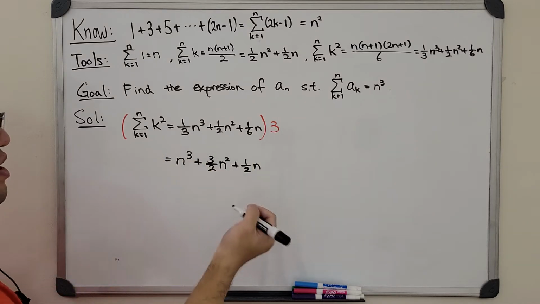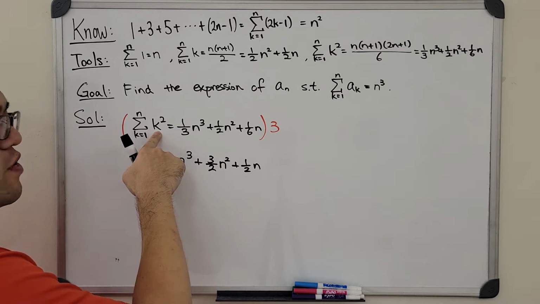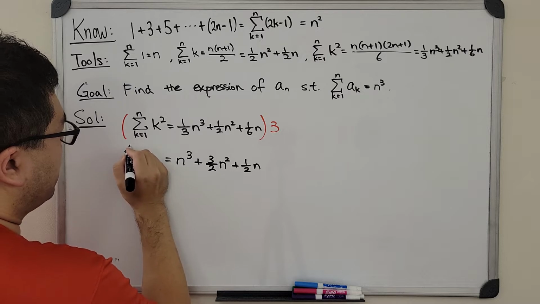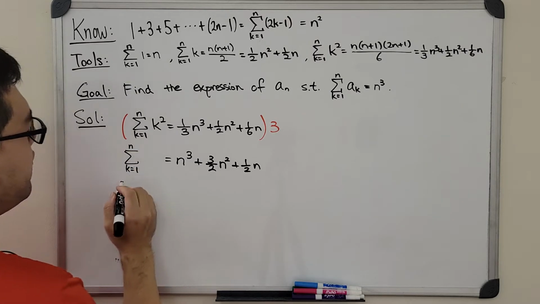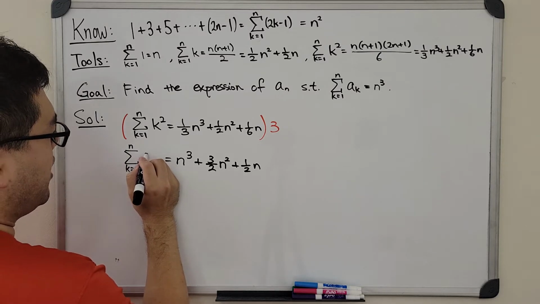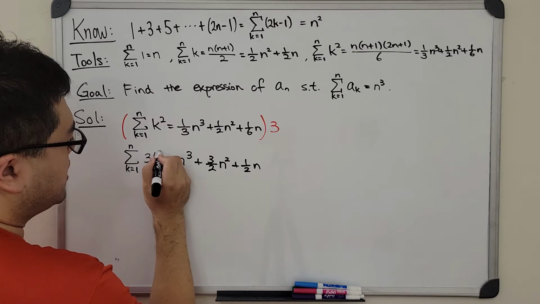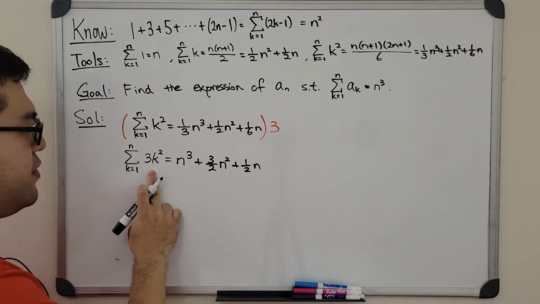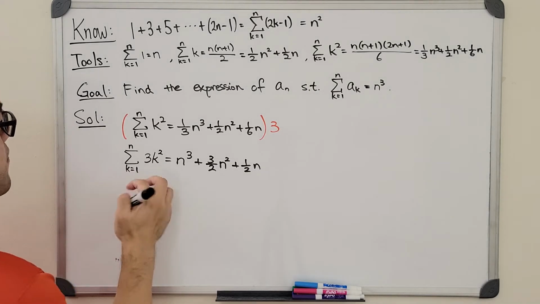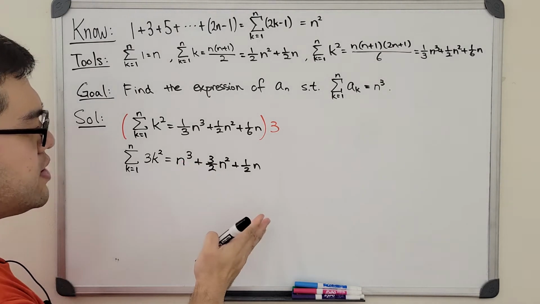But since 3 is a constant, we can distribute it into each of the terms in our sequence so that we can rewrite as starting from k equals 1 all the way up to k equals n. And for each term, the expression will now become 3 times the original. So we have 3k squared. Good. So now we already get the n cubed term that we want on the right-hand side.